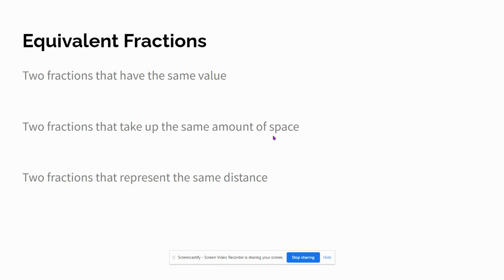So if we're talking about that area model like today, or if you remember the linear model, two fractions that represent the same distance, that would be an equivalent fraction. They may not have the same exact numerical notation, but the meaning, the value, the amount of space, the distance would be the same. That makes equivalent fractions.